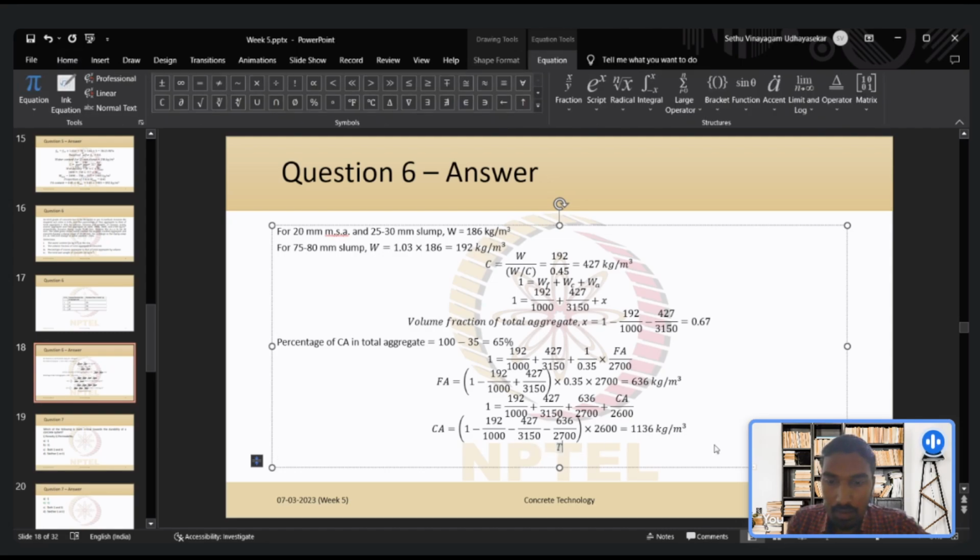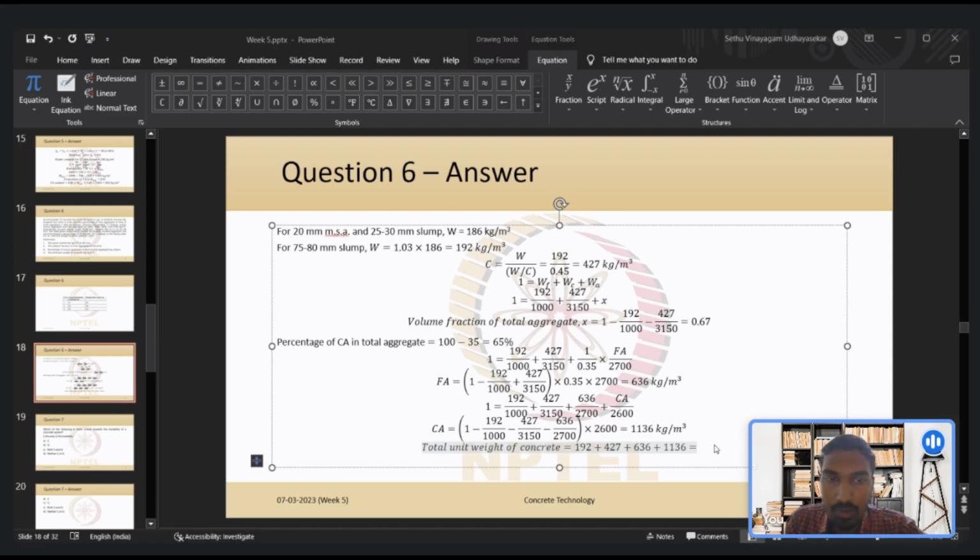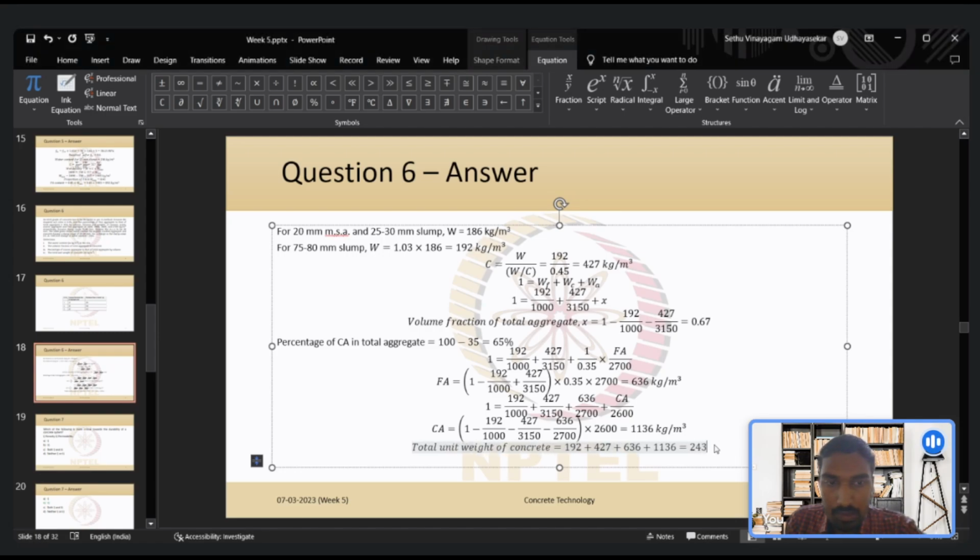So the total unit weight of concrete is equal to the water content, which is 192 kilograms per meter cube, plus cement 427, fine aggregate 636, and then coarse aggregate 1136. If we sum all those up, it will be 2436 kilograms per meter cubed. All right, so that's how we find the total unit weight of concrete, right?